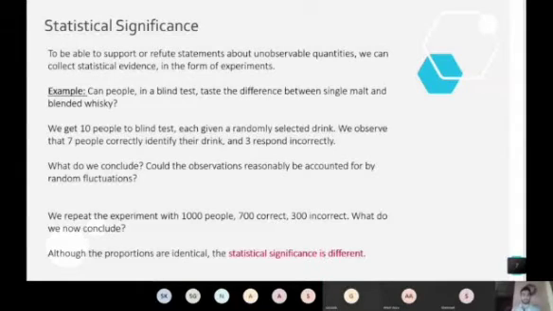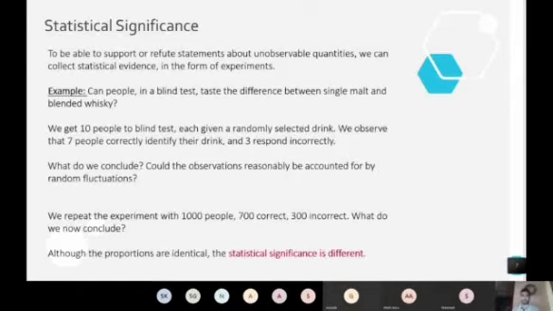Another example: a blind test. Can people, blindfolded, taste the difference between some brand of whiskey, single malt or blended whiskey? Or a famous example: people are blindfolded and you test whether they can tell the difference between Coke and Pepsi.